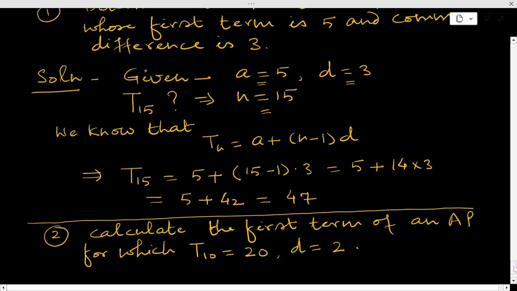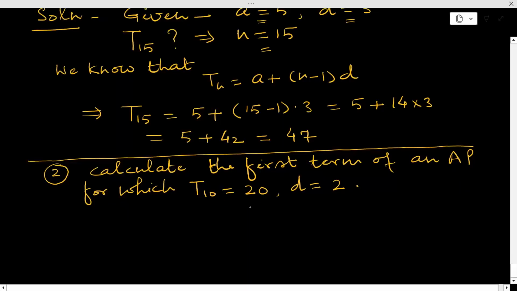Here we have to again use the same formula, but this time you are not provided the value of a, meaning the first term. So let us discuss the solution of this problem.